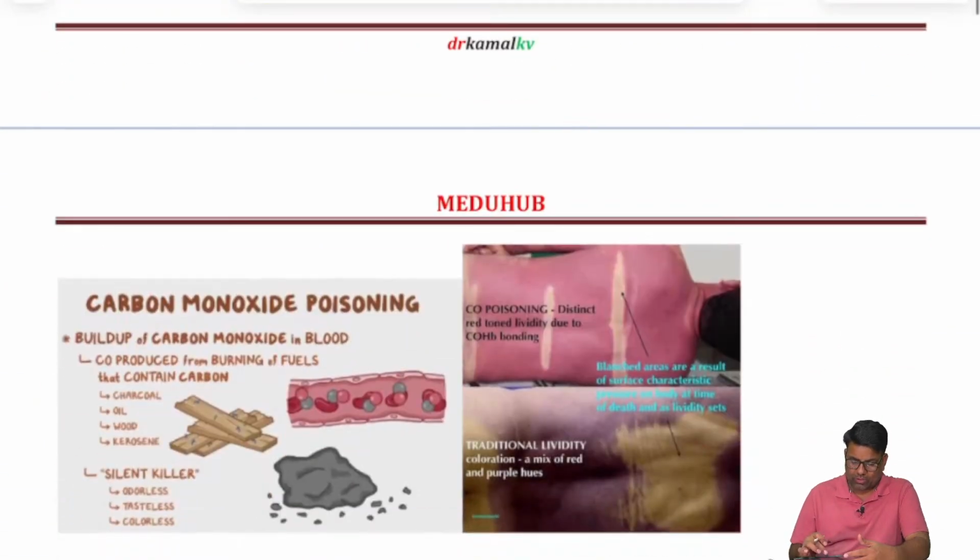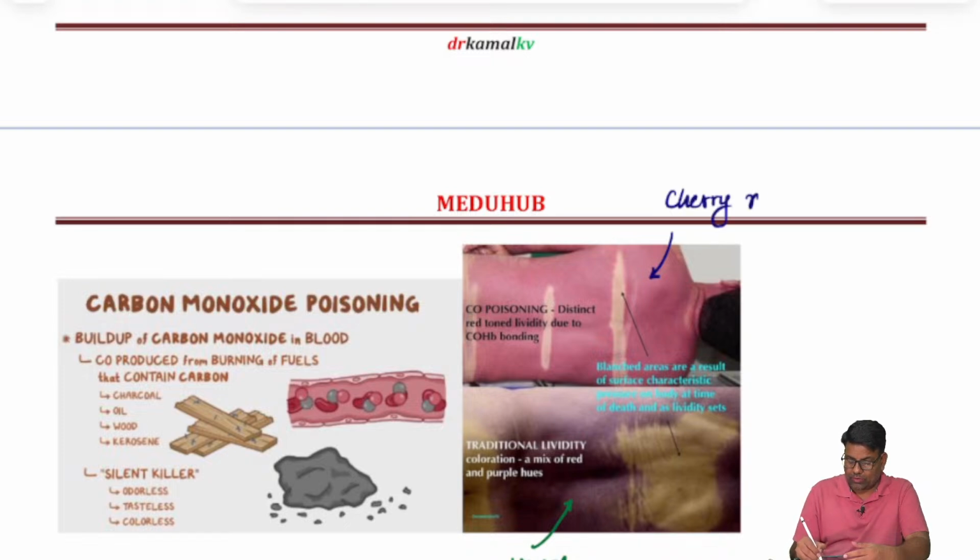Now, how it actually looks: if you see here, on the lower side, this is the usual post-mortem hypostasis which we see in a body not exposed to carbon monoxide. Here it is red to purplish. But if you see post-mortem staining in a case of carbon monoxide poisoning, you will see that it is cherry red.